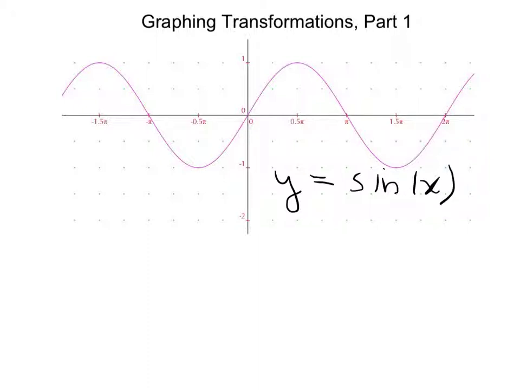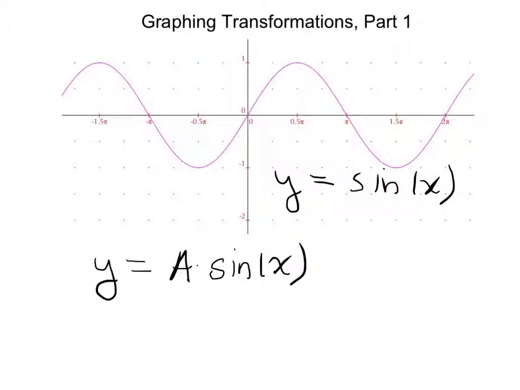And the first transformation we want to look at is what happens if we put a number right in front of sine of x. And what you should remember from previous courses is that what we're doing here is multiplying the y value by some number. If that number is bigger than 1, it's going to stretch this graph in both directions.